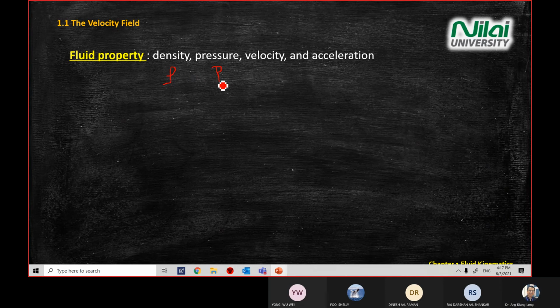P we use for pressure. Sometimes we use capital, sometimes we use small. Velocity, it depends, but most of the time when you see V, it represents velocity. And sometimes when you talk about vector, it means position. Acceleration is A, capital A, all right, unless it is mentioned in the slides that we use another symbol.